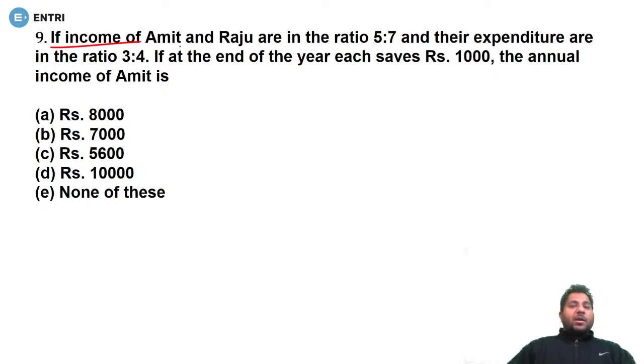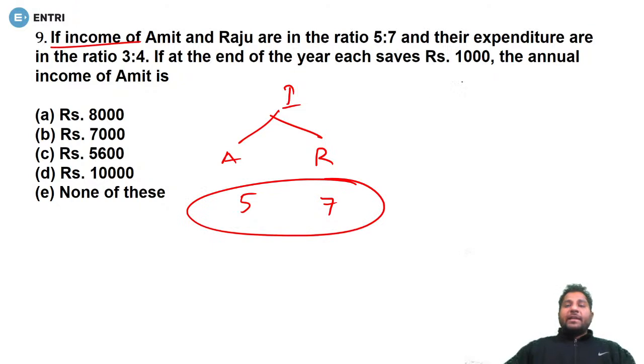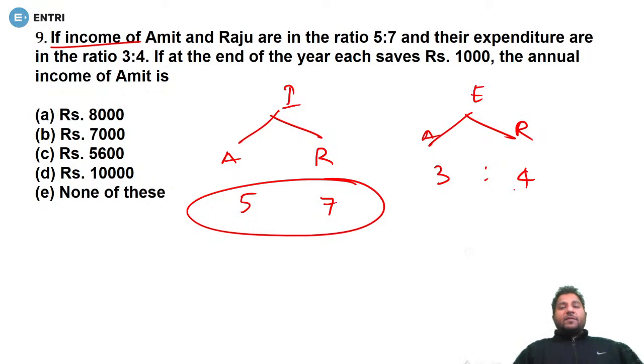Now solve this one. The income of Amit and Raju has been given as 5:7, and their expenditure has been given as 3:4. If at the end of each year they save 1000 rupees, then the annual income of Amit is?